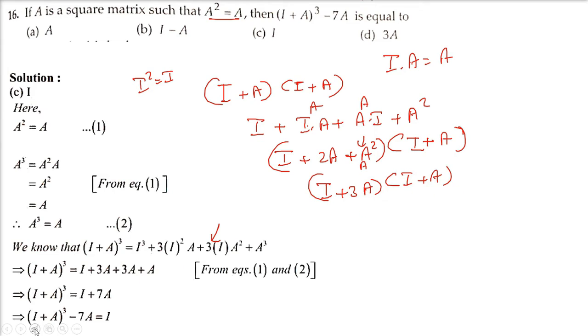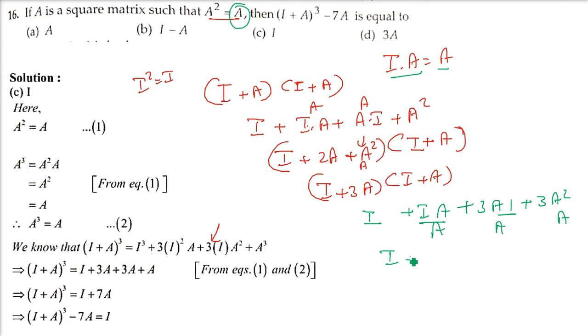Okay. Now let us do it step by step. I into I is I squared, I already told you it is I. Then I into A. Then we have 3A into I. Then we have 3A into A, that is 3A square. So I into A will always be A. This A into I will be A. And A square is A, so it will be 3A.